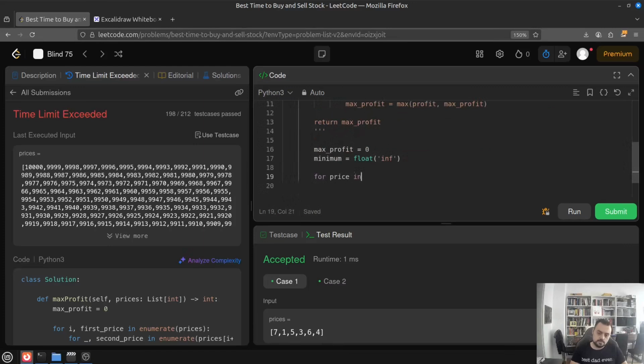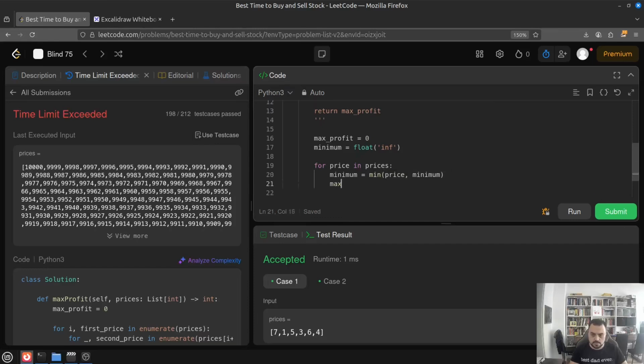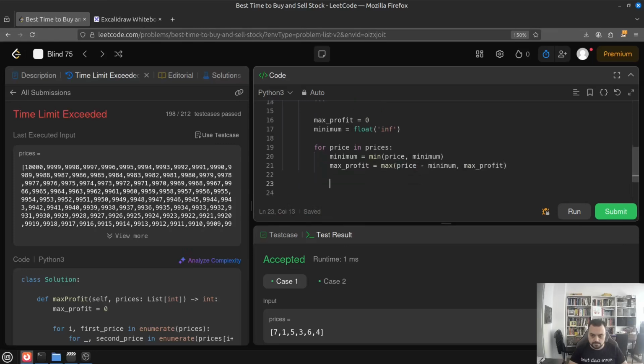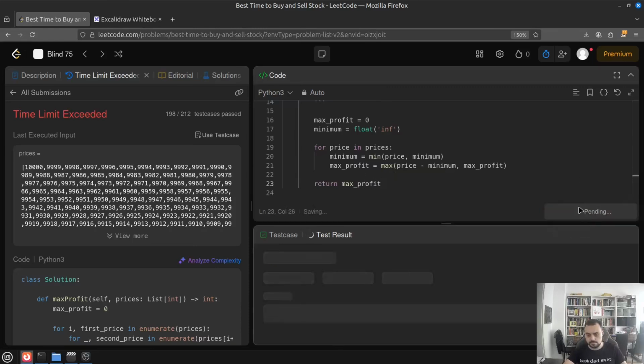And for the price in prices, minimum is the minimum between the current price and the previous minimum, and the max profit is max between the difference between current price and the minimum and the previous max profit. That's it. Let's run it.